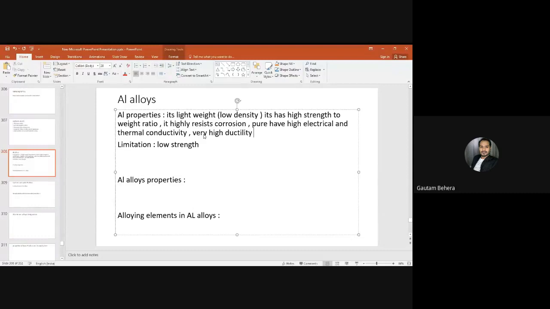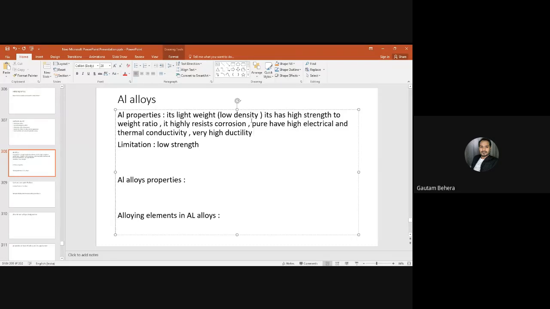That's why we are making aluminum foils. One of the major applications of pure aluminum is aluminum foils. These foils are very important in packaging industries. Fine.